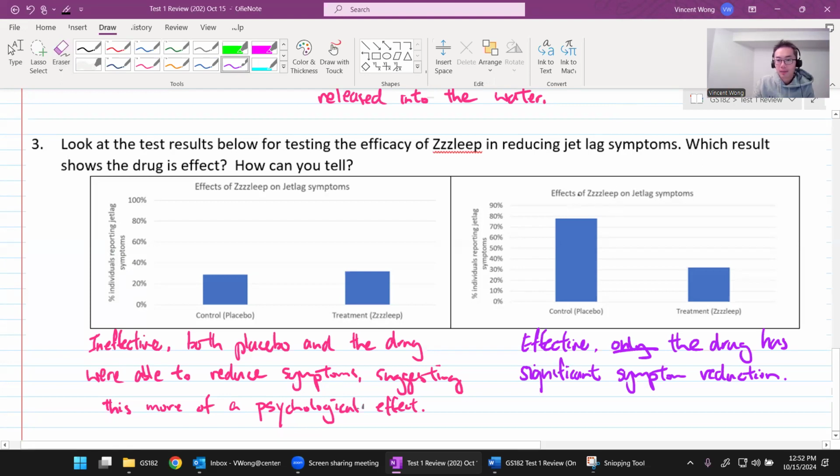A high percent of people still report having symptoms. You might argue, how come I see like a 20% reduction here? Doesn't that count? Well, some people just are not bothered by jet lag in general, so that's probably what that 20% is. But you see a significant more reduction in treatment compared to the placebo. That's how you know it's effective.